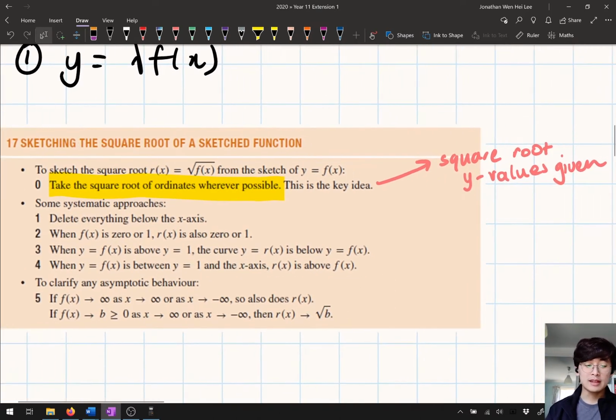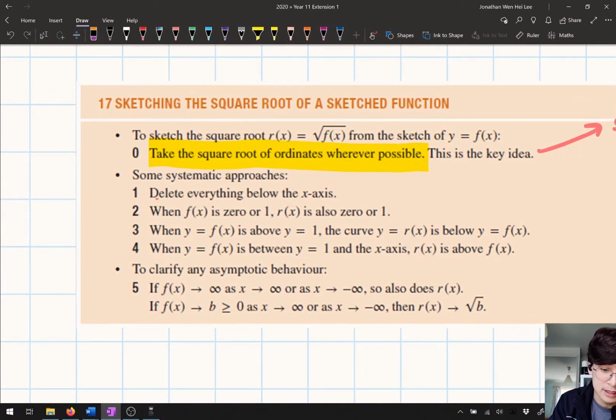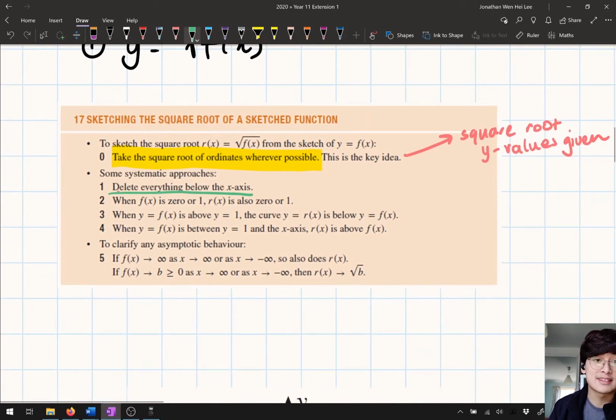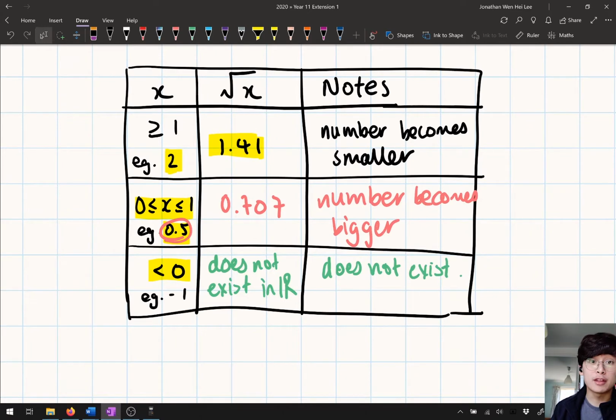Okay, now systematic approaches. Let's go through each one of these lines. The first one: delete everything below the x-axis. Why is this the case? Well, if you have a look at my 3 conditions, everything below the x-axis corresponds to this row here. If the y values are less than 0, that means it's below the x-axis.